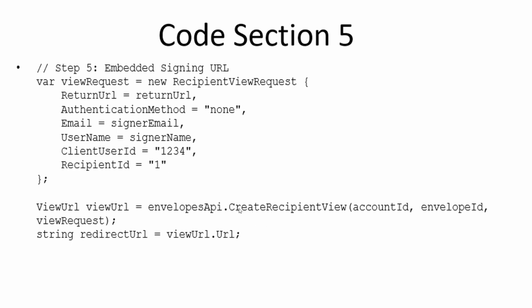Then create recipient view with the account ID, envelope ID and the view request you have created. Once you hit this method, create recipient view, you will get one URL in return, which will be your return or redirect URL. Use that URL to redirect within your application in the iframe or a new tab, and the user will be able to sign the document within your application. So this is the embedded signing.